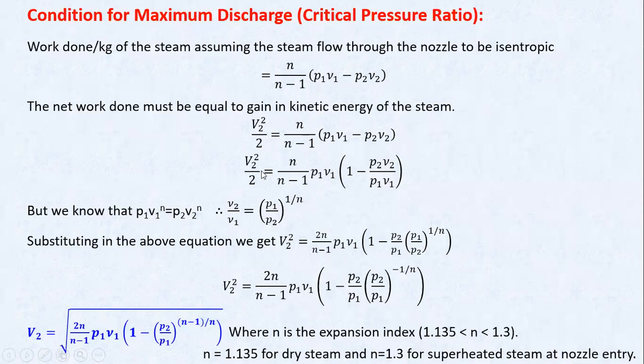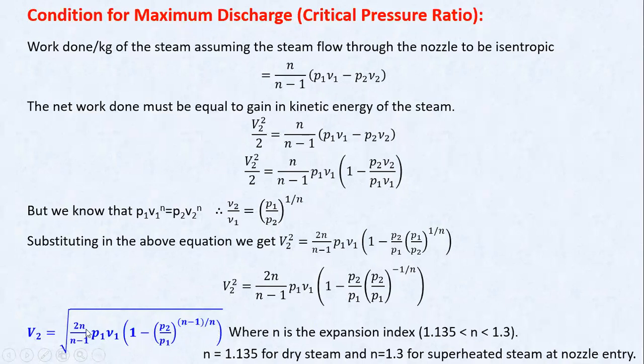So V2 square will be equal to, multiplying by 2 here, 2n by n minus 1 P1 V1 into (1 minus P2 by P1), with V2 by V1 replaced by (P1 by P2) power 1 by n. If we simplify, we obtain V2 equals the square root of 2n by n minus 1 P1 V1 into (1 minus (P2 by P1) power (n minus 1) by n).